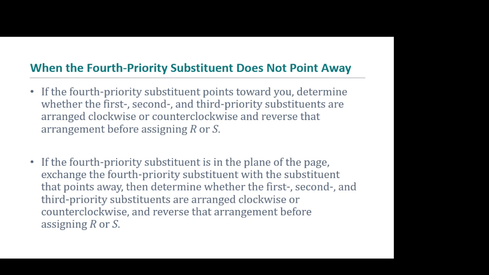Exchange 2, right? So we're actually just abusing that, aren't we? We exchange the lowest priority one in the plane with the one pointing backwards, right? And then we just recognize that because of that exchange, we're now opposite, aren't we? Okay?